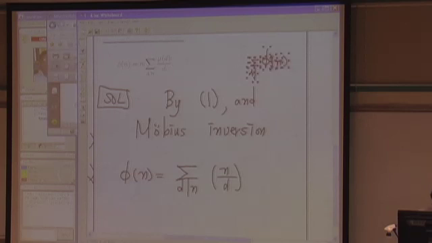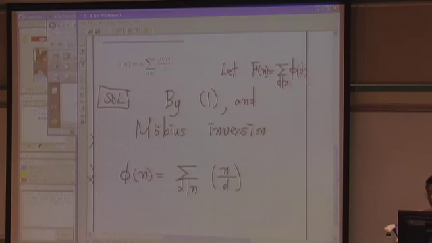Before doing it, let's give a name. Let f of n be the sum of phi of d, d divides n.